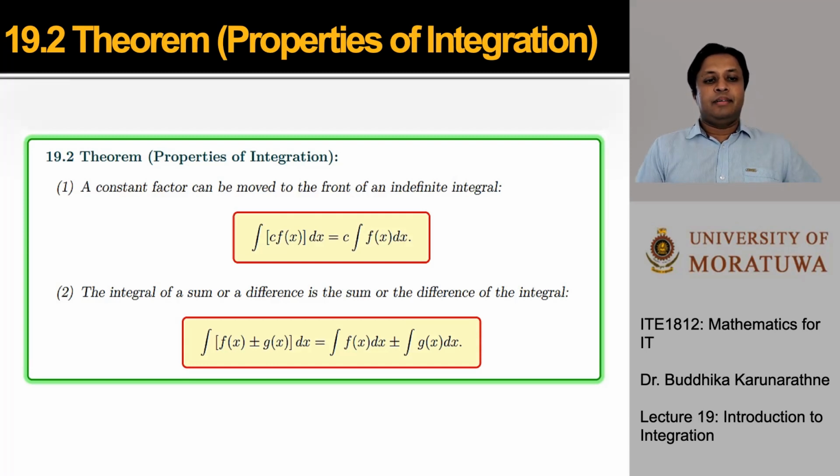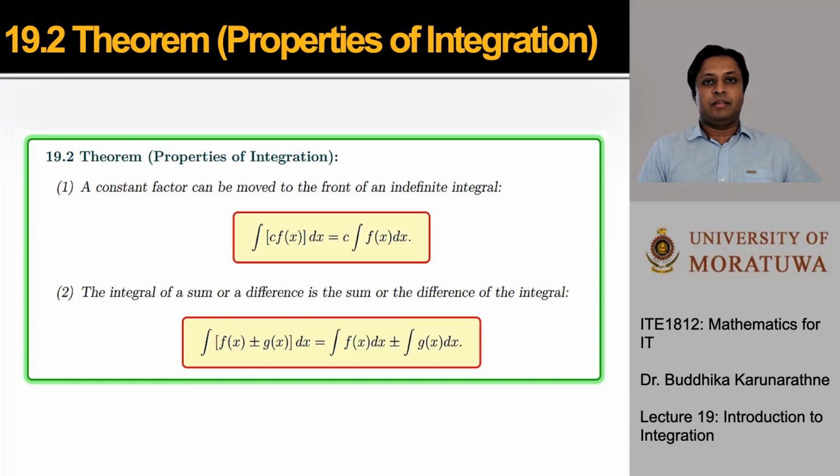And then when you have an integral of a sum or a difference of two functions, you can write it as the sum or the difference of the integrals taken separately.